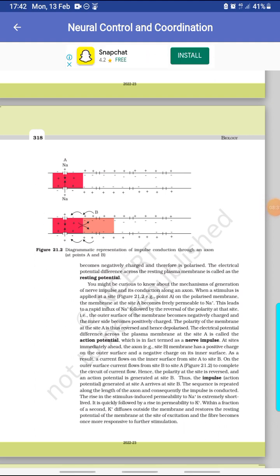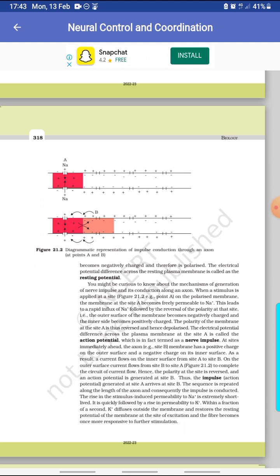You might be curious to know about the mechanism of generation of a nerve impulse and its conduction along an axon. When a stimulus is applied at a site on the polarized membrane, the membrane at site A becomes freely permeable to sodium ions. This leads to a rapid influx of sodium ions, followed by the reversal of the polarity at that site.